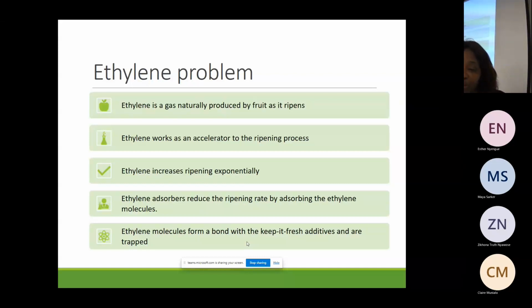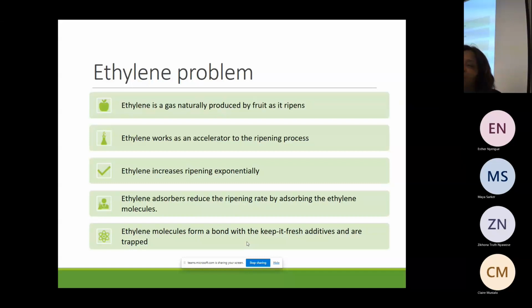Ethylene absorbers reduce ripening rates by absorbing the ethylene molecules that are around, which come from the atmosphere. The ethylene molecules form a bond with the additives that keep the product fresh, and they are trapped so that the ethylene is not given out.